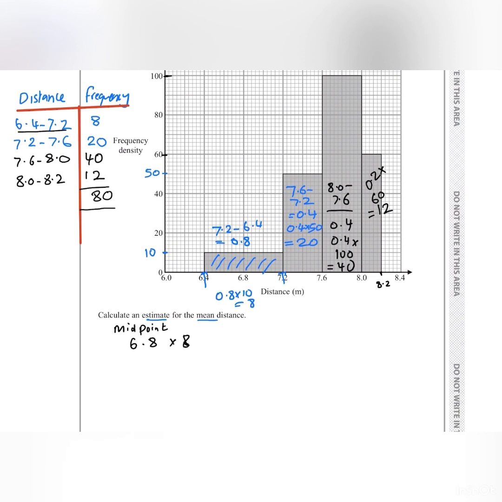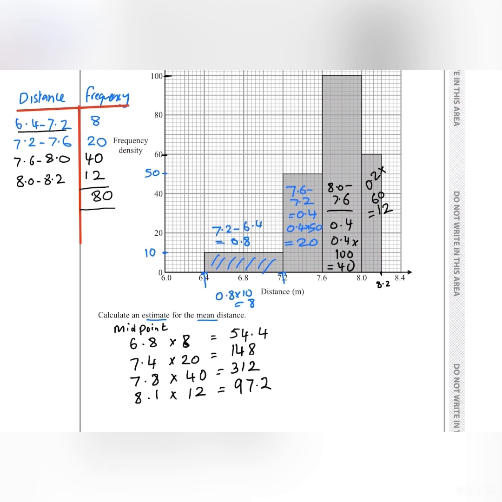The next midpoint, between 7.2 and 7.6, is 7.4, and that will be times by 20. The next midpoint is 7.8, times by 40. And then 8.1 times by 12, and work out each of these values here.